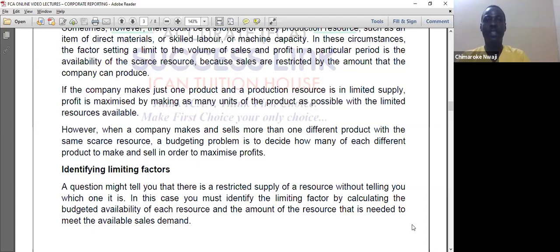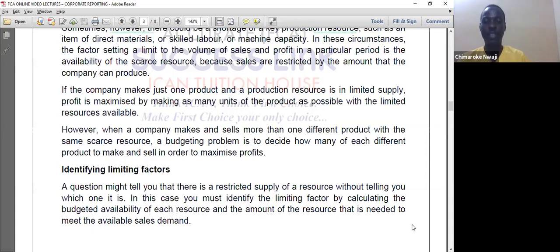If you are not told which of materials and labor, the factors of production here, is a limiting factor, all you need to do is find out how much quantity you are required to make. Find out how many pieces, kilograms or units of material will be required to make that sales demand.